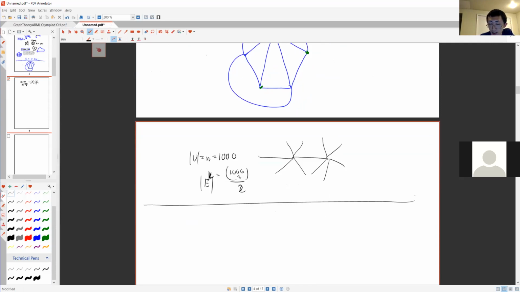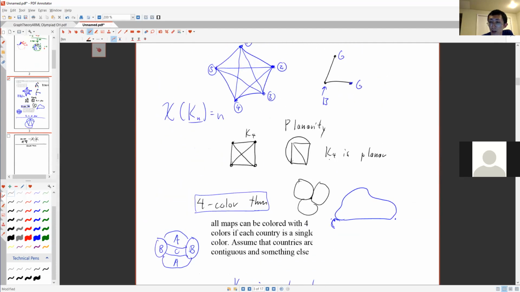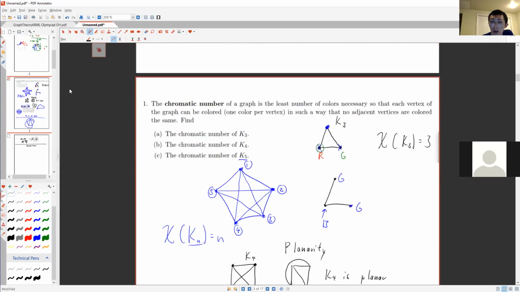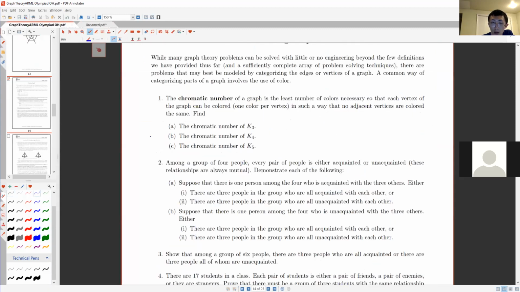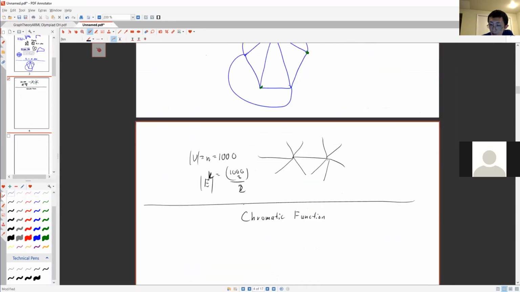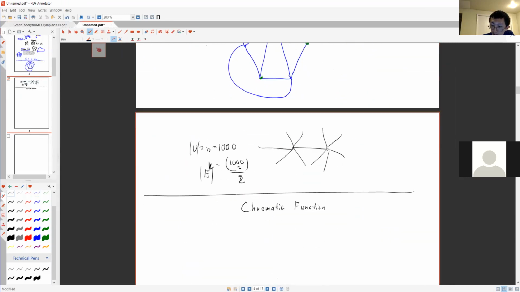But a thing that generalizes this is what I'll call the chromatic function for now. Actually, maybe we should compute some more chromatic numbers first. It's fine, we'll just talk about chromatic functions, which I'll rename to something else later.